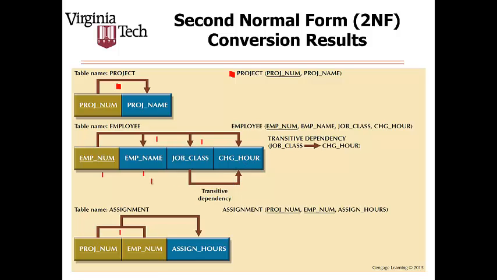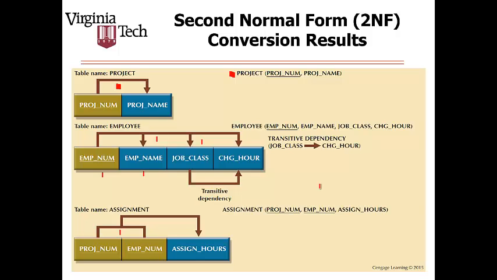And now we still have an issue with this, but it's not a second normal form issue. This relation, employee, is now in second normal form because it has no partial dependencies. Note that you can only have a partial dependency whenever there is a composite key.